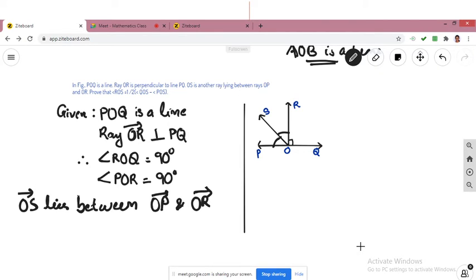So what can we say about these two angles? Consider angle POS and angle ROS. So these are the two angles. What can we say about them?